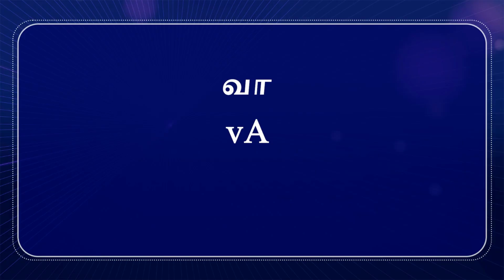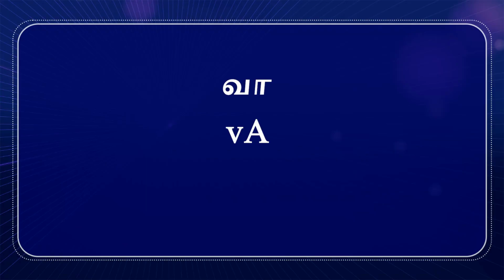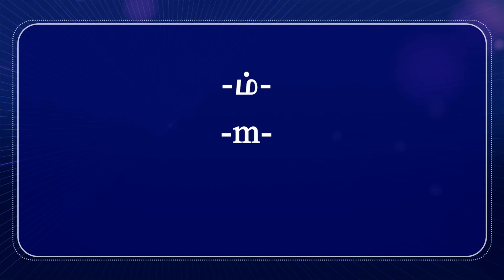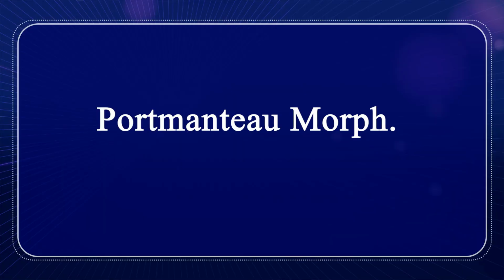Here va is an irregular verb. Accordingly, va is changed into varu. In all the above examples, im functions as the future tense as well as the PNG marker. The same marker which has different functions is called a portmanteau morph.